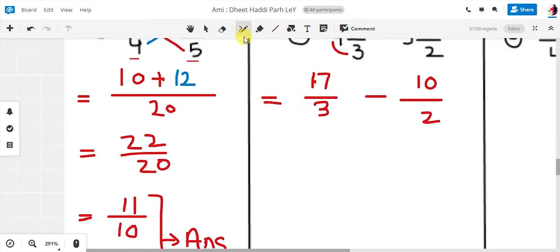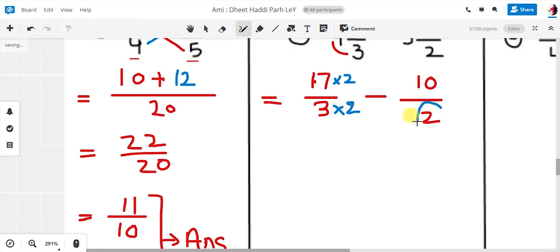Okay, now let's solve this question using another method. Maybe you will find it easier. Now look at the denominators. Over here the denominator is 3, here the denominator is 2. So I am going to multiply my first fraction by 2 and divide by 2. How did I come to know what number to multiply with?